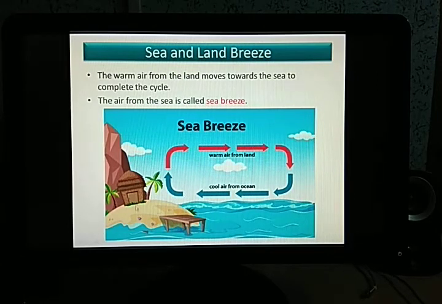Since it gets heated up quickly, the cool air comes from the ocean. As this portion is already heated up, it will also start heating the air surrounding this land mass. As a result, this hot air will rise up.